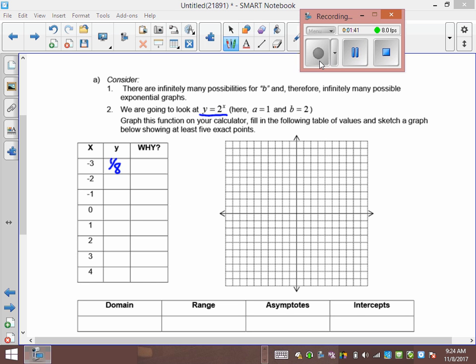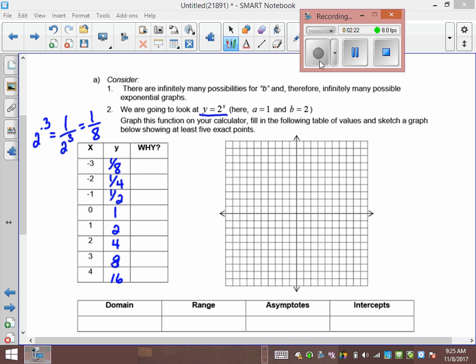Correct? Because 2 to the -3 is the same as 1 over 2 to the 3, which is 1/8, right? And 2 to the -2 is 1/4. 2 to the -1 is 1/2. 2 to the 0 is 1. 2 to the 1 is 2. 2 to the 2 is 4. 2 to the 3 is 8. 2 to the 4 is 16.